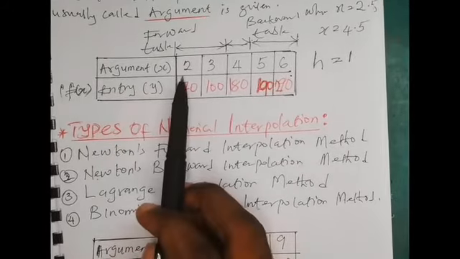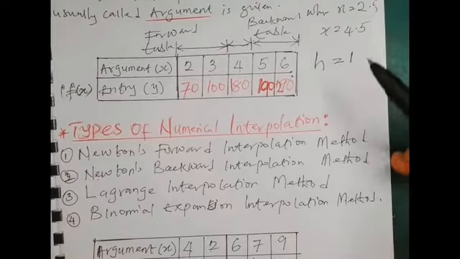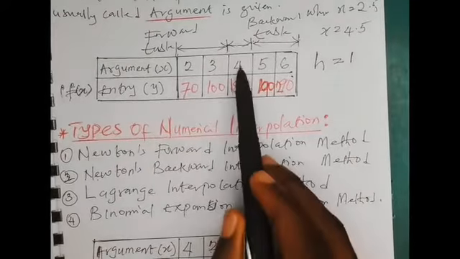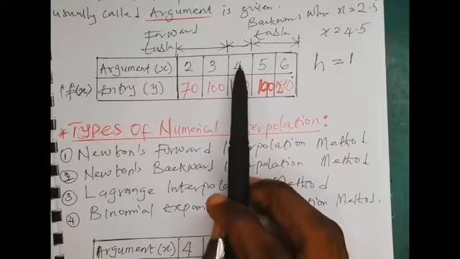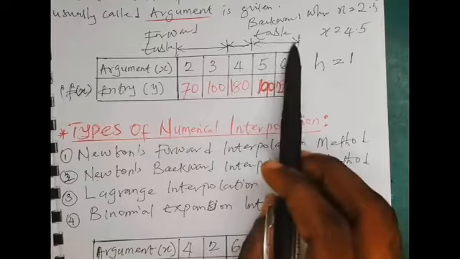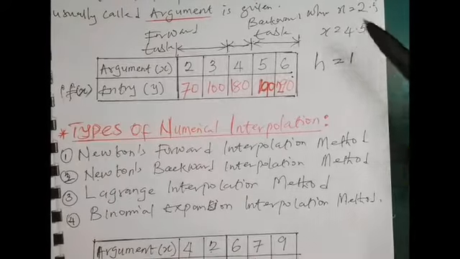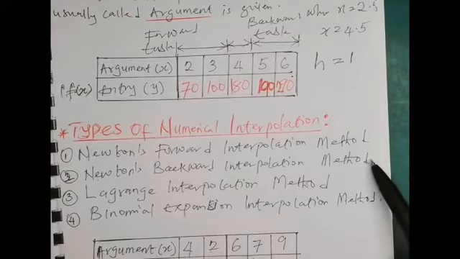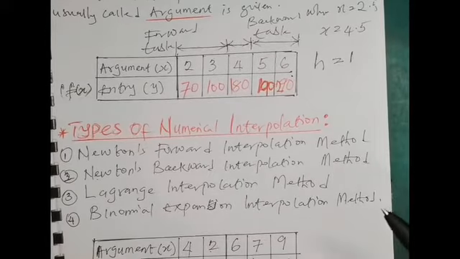But if you're asked to find the value of y when x is 4.5, you observe that 4.5 is moving from the middle to the end of the table. So 4.5 falls at the backward table, and as such, you're going to employ Newton's backward interpolation method.